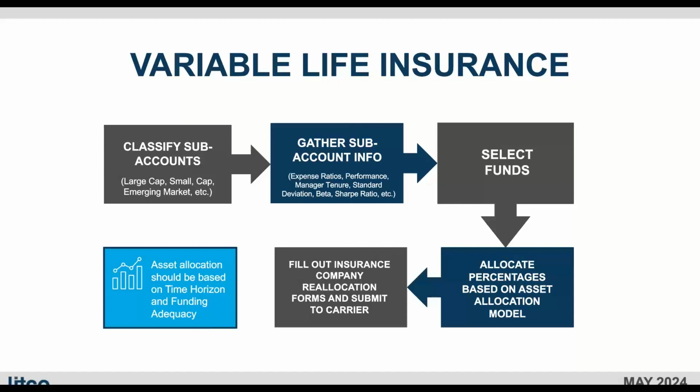Sharpe ratio, beta, all of those things come into play. And then once you have those selected, it's really looking at the asset allocation based on time horizon, funding adequacy, and all other relevant factors available, and finally making those investment decisions.